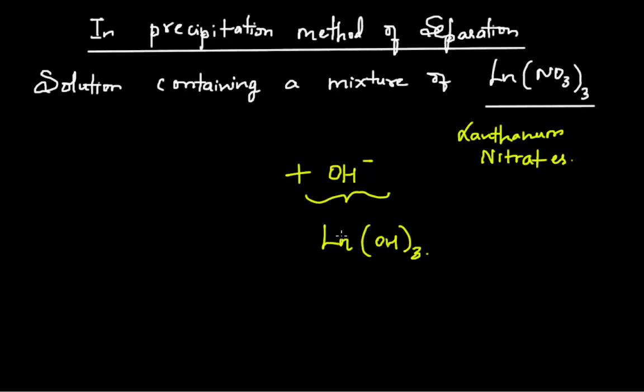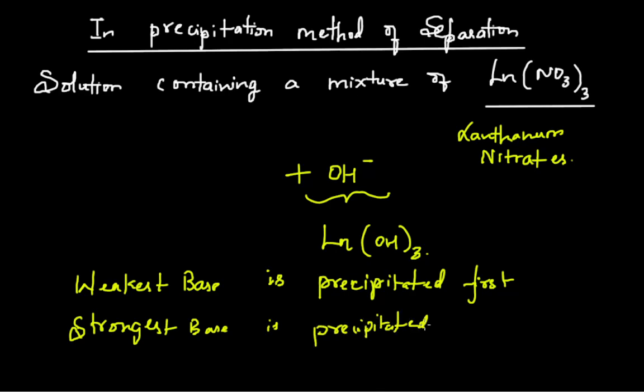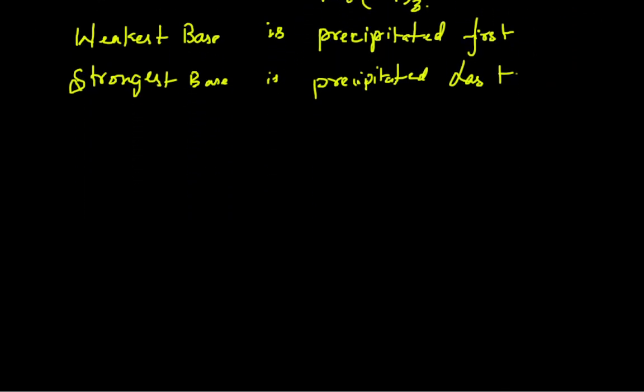So when you have Ln(OH)3, the weakest base among these will precipitate first, and the strongest base is, for the sake of saying, precipitated last, which means it will be present as solution.